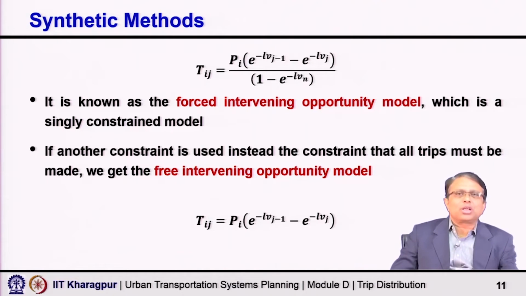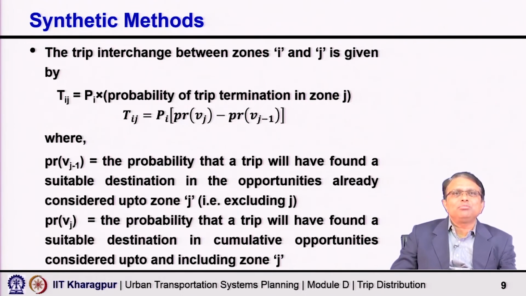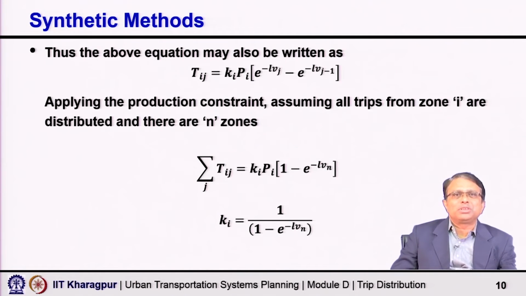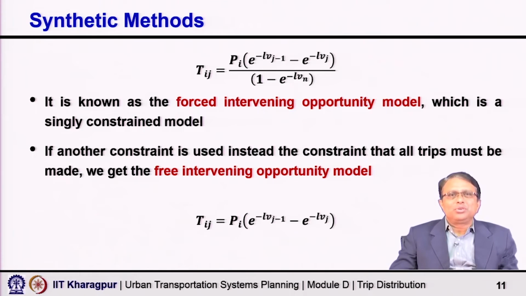So, what will happen? That k term will not come into the picture, right. It will be simply T ij equals P i times e to the power minus L V j minus 1 minus e to the power minus L V j.